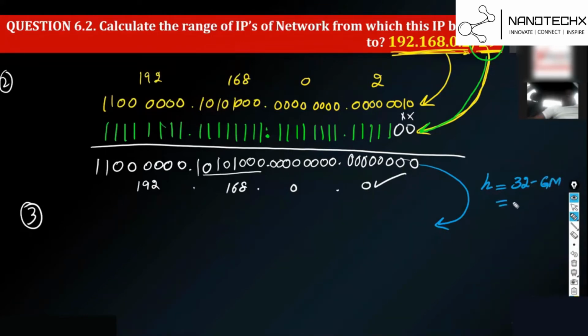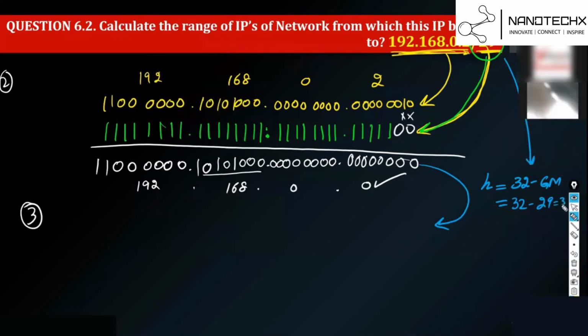So what is the value of H here, guys? Can somebody tell me? Please write there. Okay, people are clear. Somebody wrote 29. 29 is the mask, but the value of H is 3. 32 minus 29 is equal to 3.